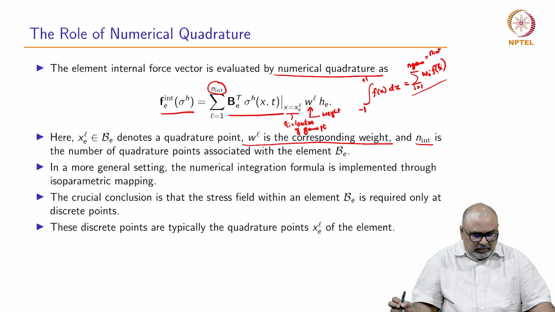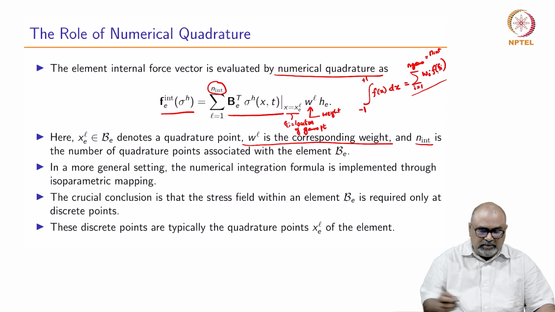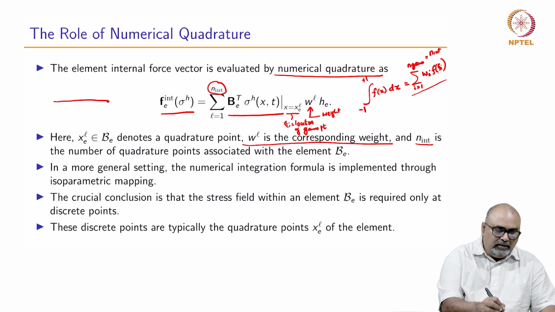So, one can use a parametric approach to write the quantities in terms of a local coordinate system that is local to the element. So, when you have a typical element which is going from xc to xc plus 1 in a parametric form, so this is going to be He.